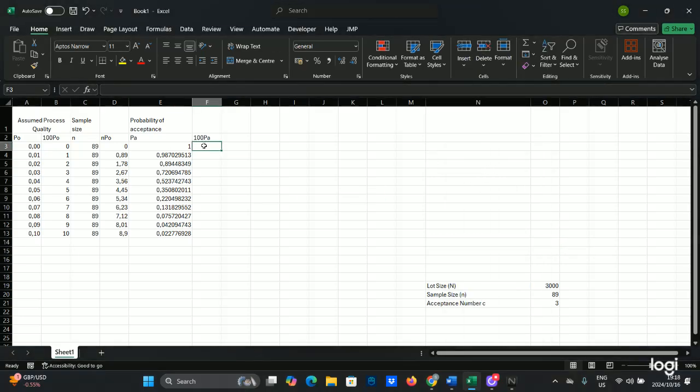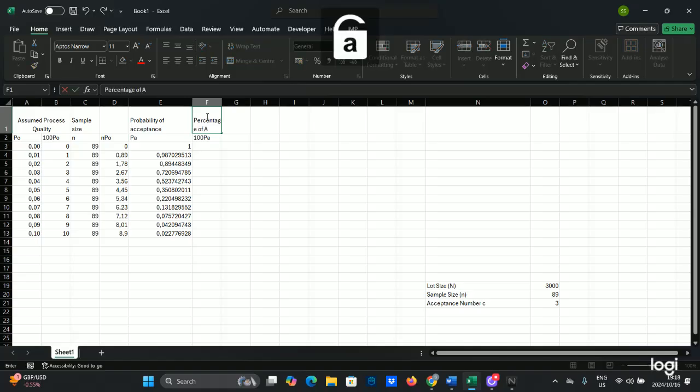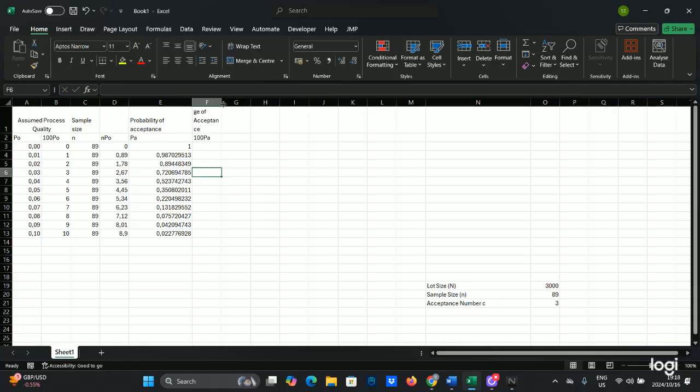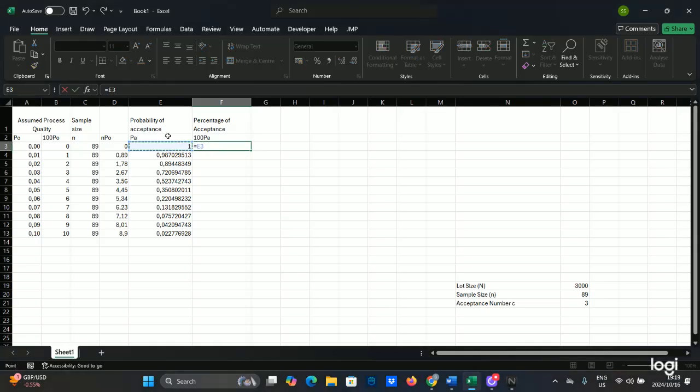To get my percentage of acceptance, I'm just going to type percentage of acceptance, right? So I get my percentage of acceptance by multiplying this by 100.